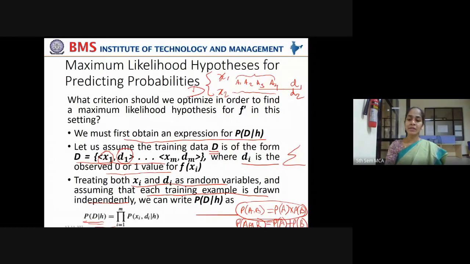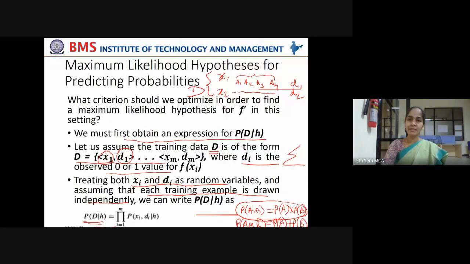You are using this probability of xi, di given h. You are also considering xi here. Xi, comma, di, that is the outcome of that training example xi given the hypothesis. Did you understand? P of xi, the training example, comma, di given h. Initially you had just di given h.